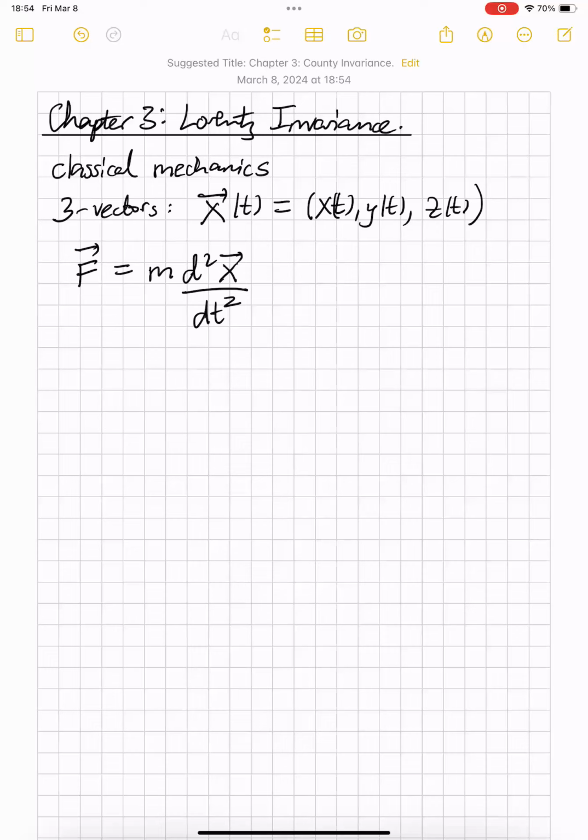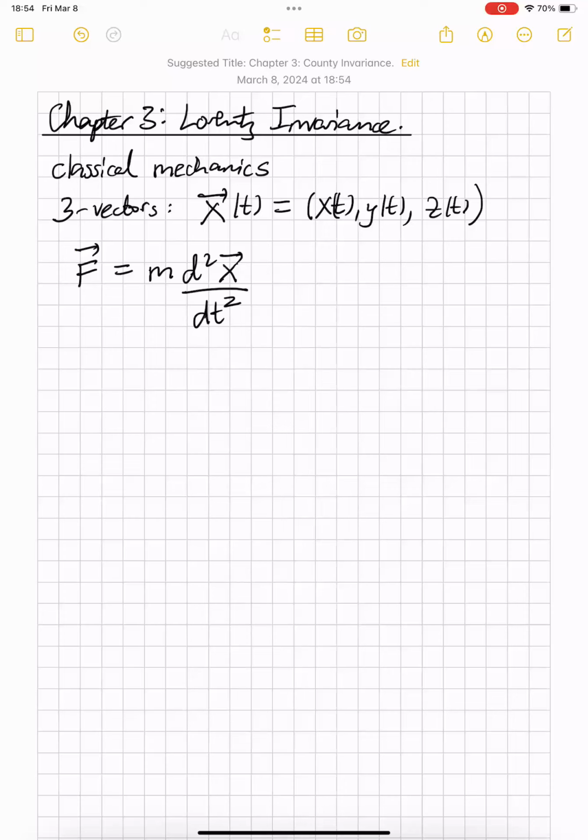Now, when we perform a transformation, for example, let's say we perform a rotation, no doubt the position vector x of t will change. So if I do a rotation, x of t, y of t, and z of t will mix up with each other. But it turns out that every single vector will transform in exactly the same way.